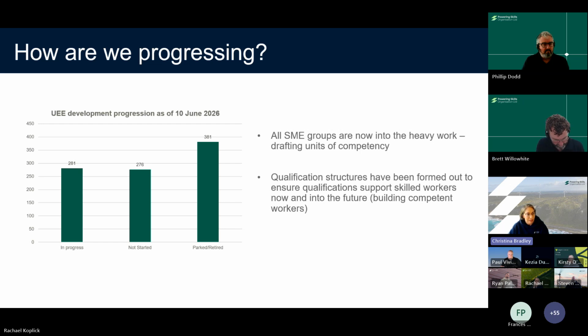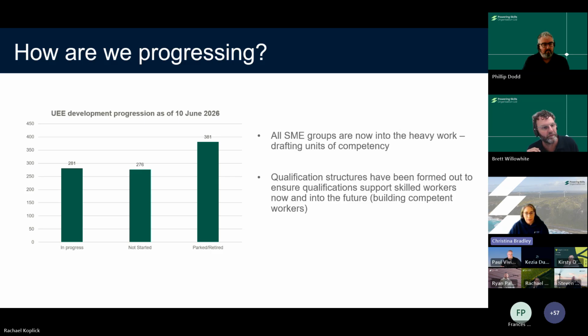What is most important for you is that we have 281 unique training products in development progress, which is fantastic, and 276 of those have not been started. You will have seen on our website there were a couple of qualifications that were out for initial feedback as part of our transparency model.